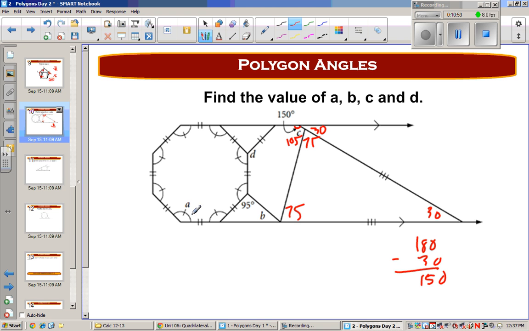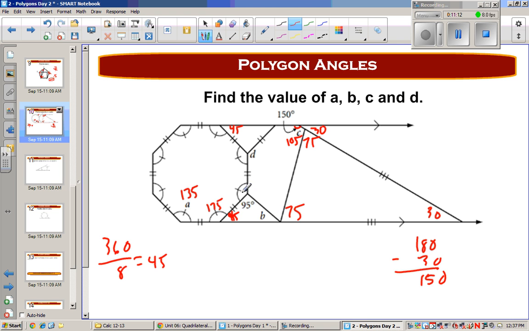Now, angle A, this is an octagon, so I take 360 divided by 8 to get 45. So that means 45 is all of these exterior angles. And if I subtract from 180, I get 135. So my A value is 135.